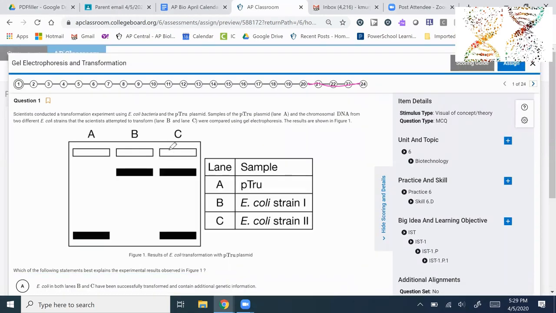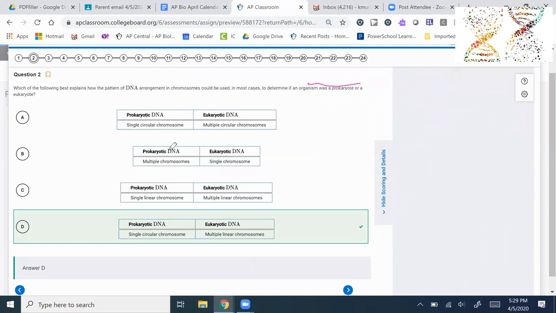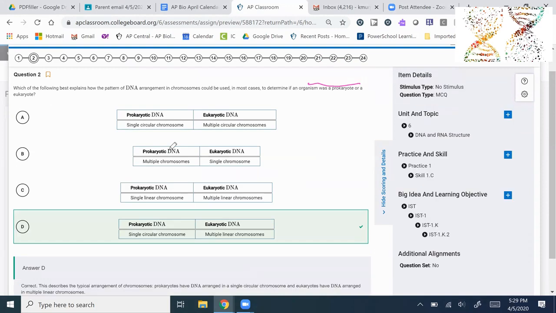All right, moving on. Which of the following best explains how the pattern of DNA arrangement in chromosomes could be used in most cases to determine if an organism was a prokaryote or a eukaryote? All right, so they're talking in all of these choices about prokaryotic and eukaryotic DNA.